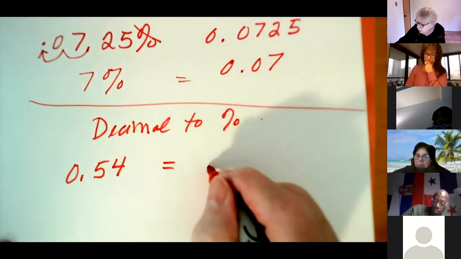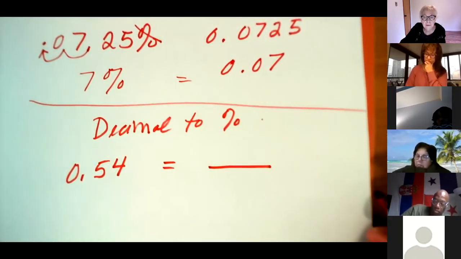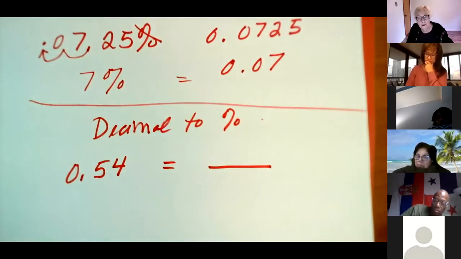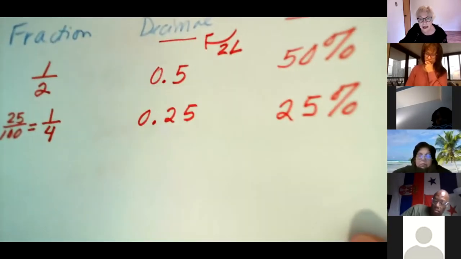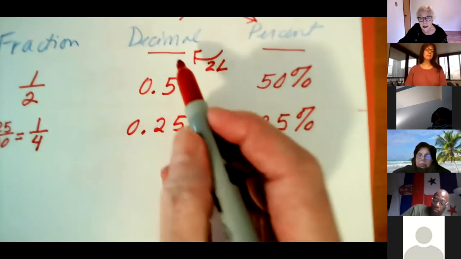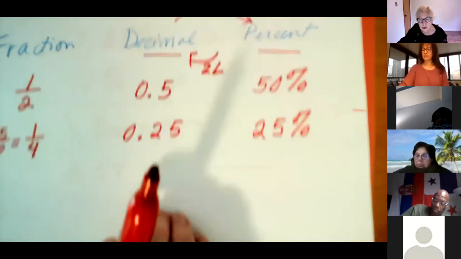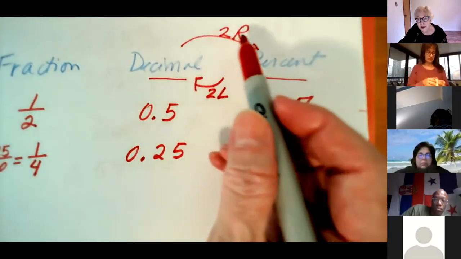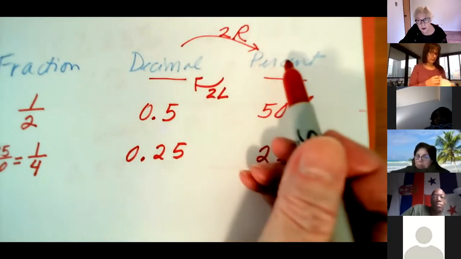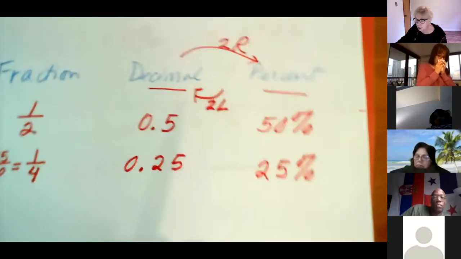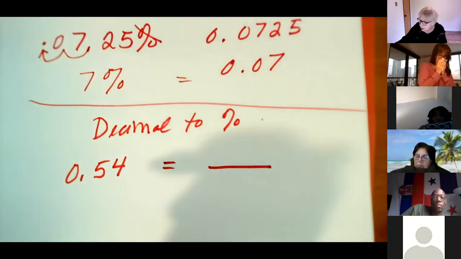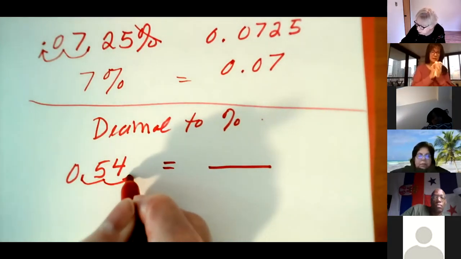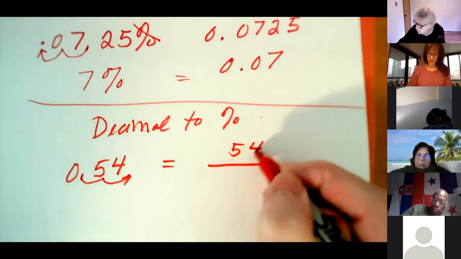I want to turn it into a percent. And if you remember from the table or from any of the examples we've looked at, when you had a decimal and you're going to a percent, you're having to go to the right, going toward the percent. And so it's 2 places to the right. 1, 2, there you are, 54%.